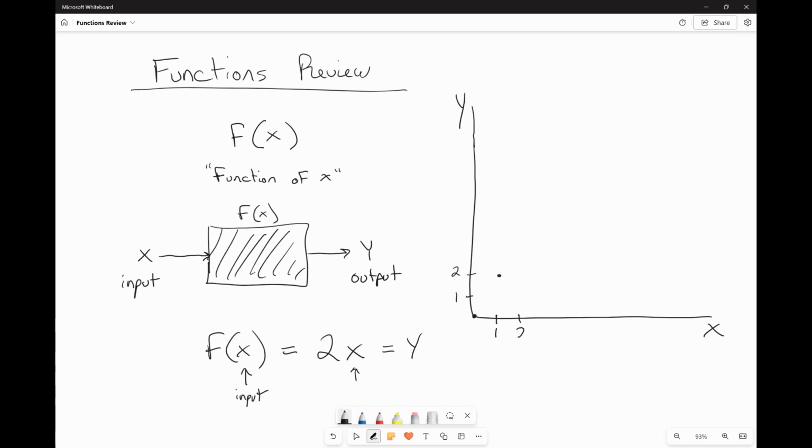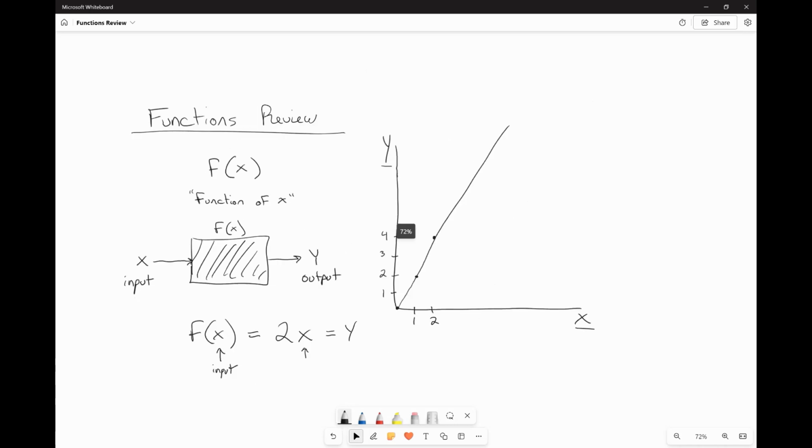If the input was 2, then the output would be 4, and so on. So this would be our function. It shows us how inputs x are related to outputs y. So this is a function.